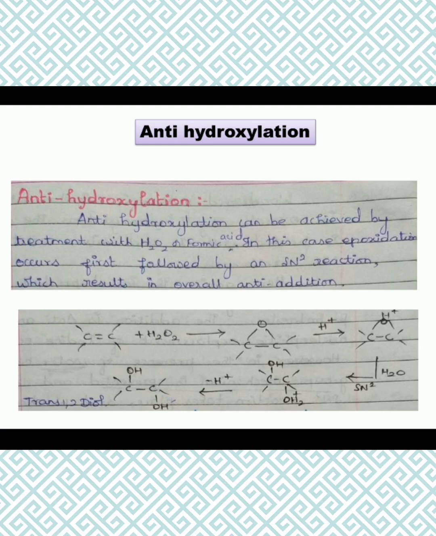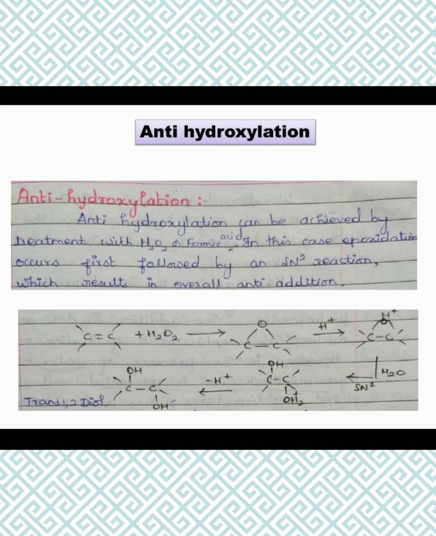That is, in the first step, the alkene reacts with hydrogen peroxide to form epoxide. Then this epoxide forms trans 1,2 diol product through SN2 mechanism. SN2 mechanism means that the nucleophile approaches the epoxide from the backside of the leaving group so that the anti product is obtained.